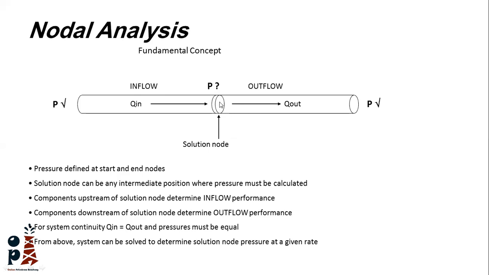At the solution node, it's required to know what the pressure will be for a certain rate. But before we go through this, we have to know that the component upstream of this node is the inflow, and the downstream of this node is the outflow. And for sure, at this node, Q in is the same as Q out.